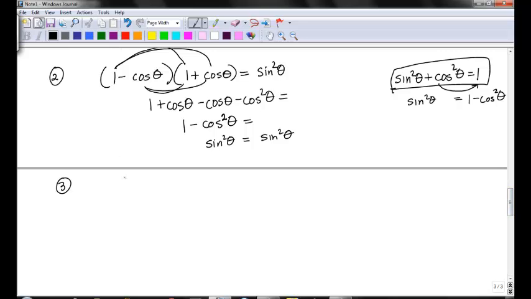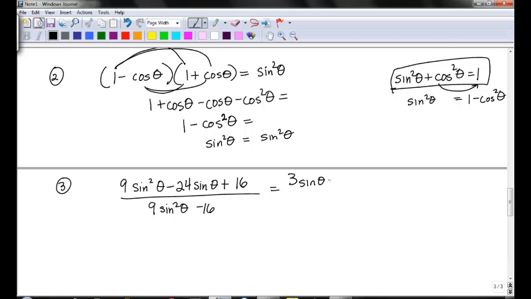Up in the numerator, 9 sine squared theta minus 24 sine of theta plus 16. It's all over 9 sine squared theta minus 16 equals 3 sine of theta minus 4, and it's all over 3 sine of theta plus 4.